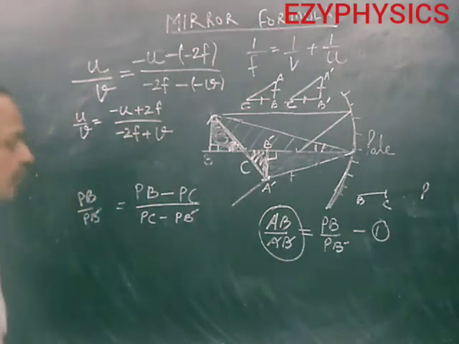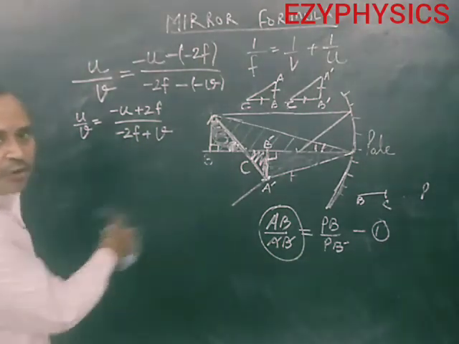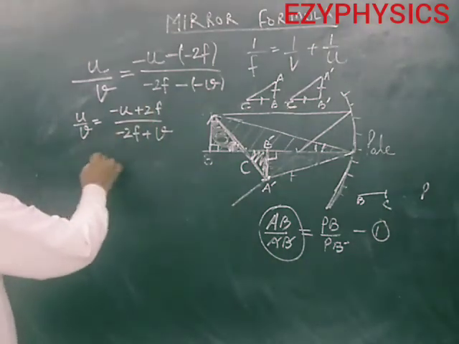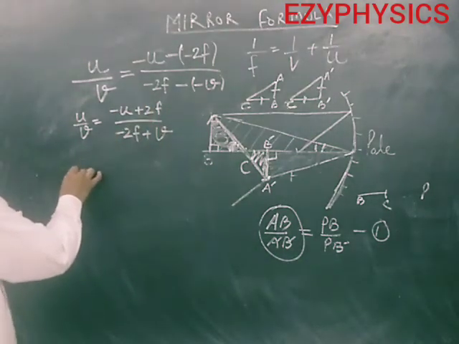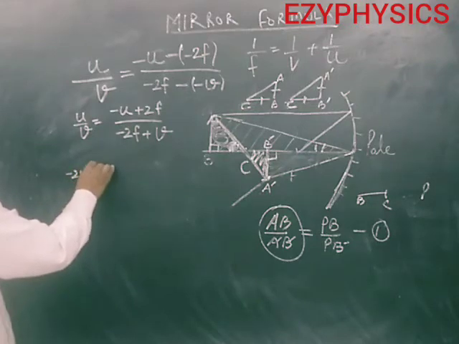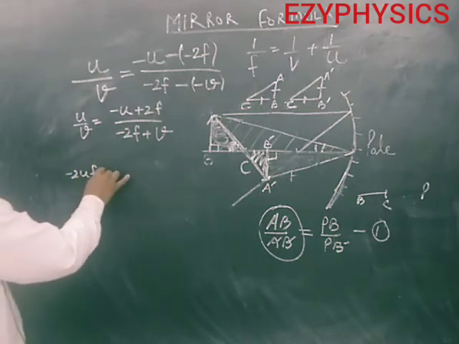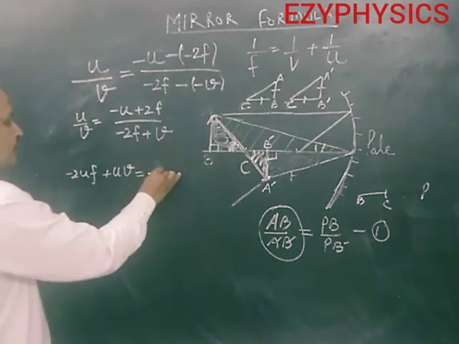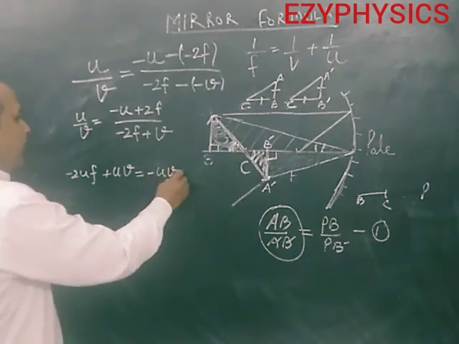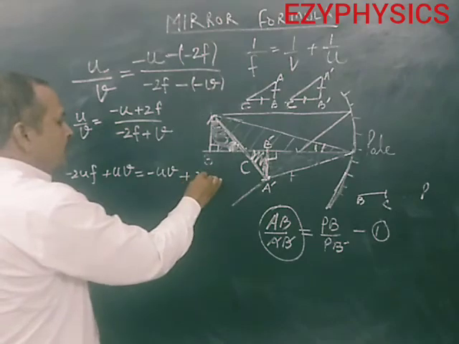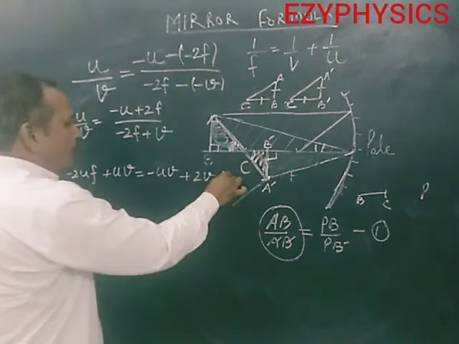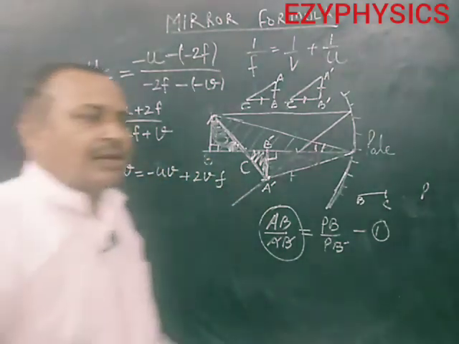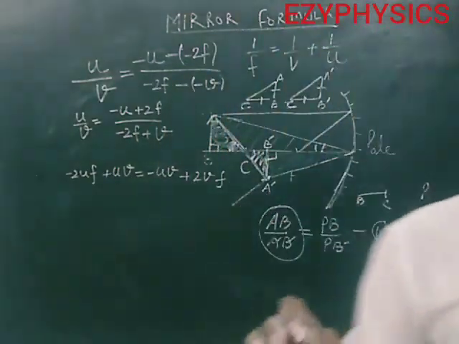And now what we can do? We can simply cross multiply, and what do you get? Minus 2uf plus uv is equal to minus uv plus 2vf. Simple cross multiplication.